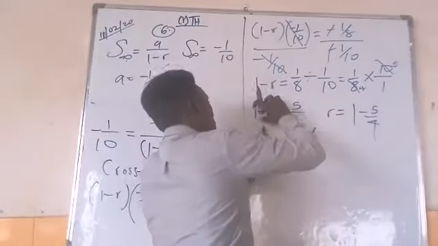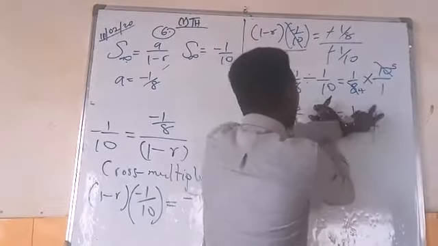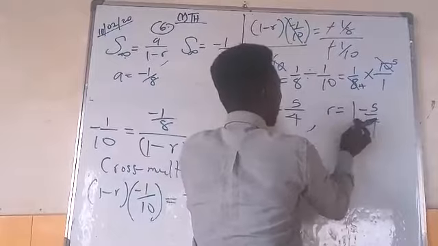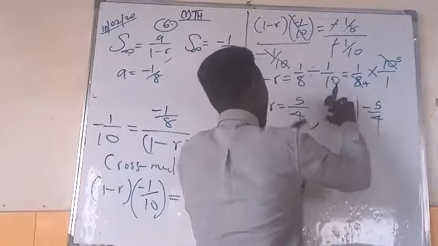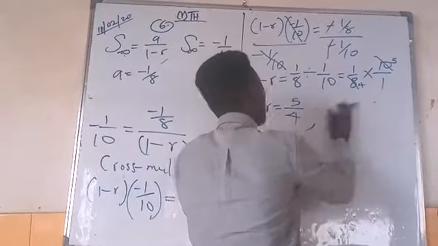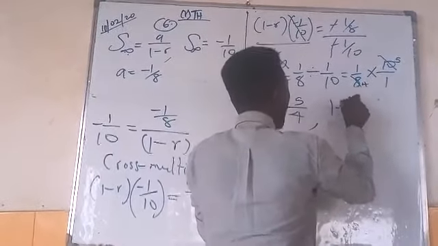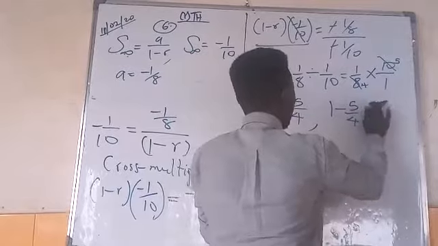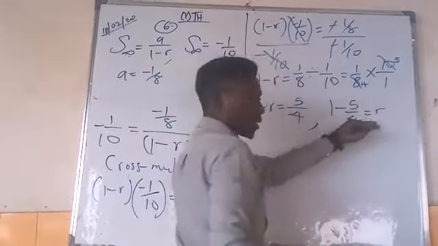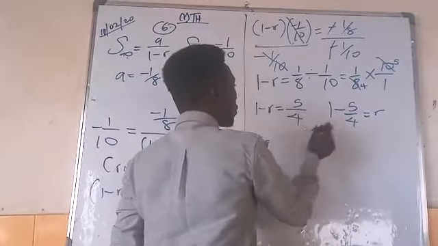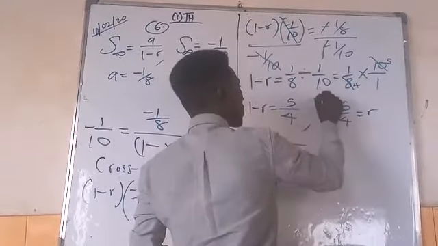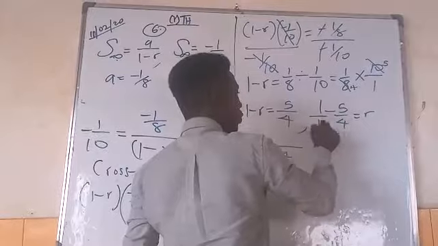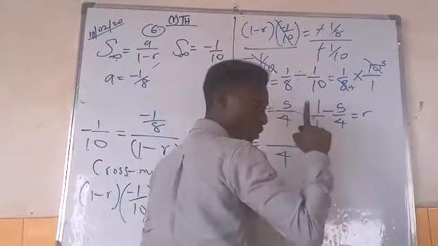How? This coming here is positive, and this one coming here is positive. Sorry, it's negative. This one coming here is negative. So since r equals 0, they are equating. And let me show you like this, that 1 minus 5 over 4 equals what? r. Okay? And that means r equals, what is the LCM here? 4. Because 1 you are having here is also 1 divided by 1. 1 divided by 1 is still what? 1.